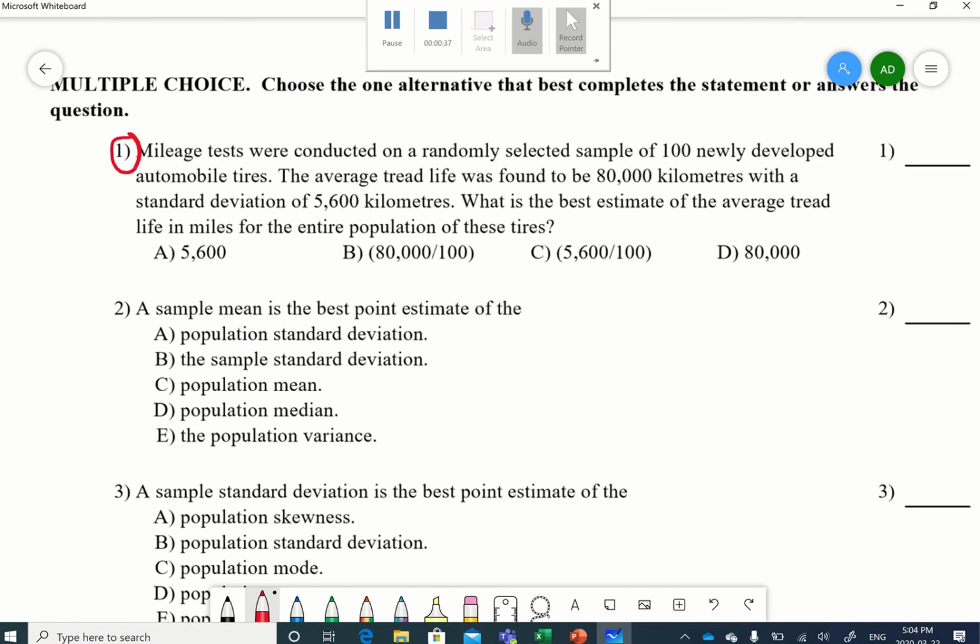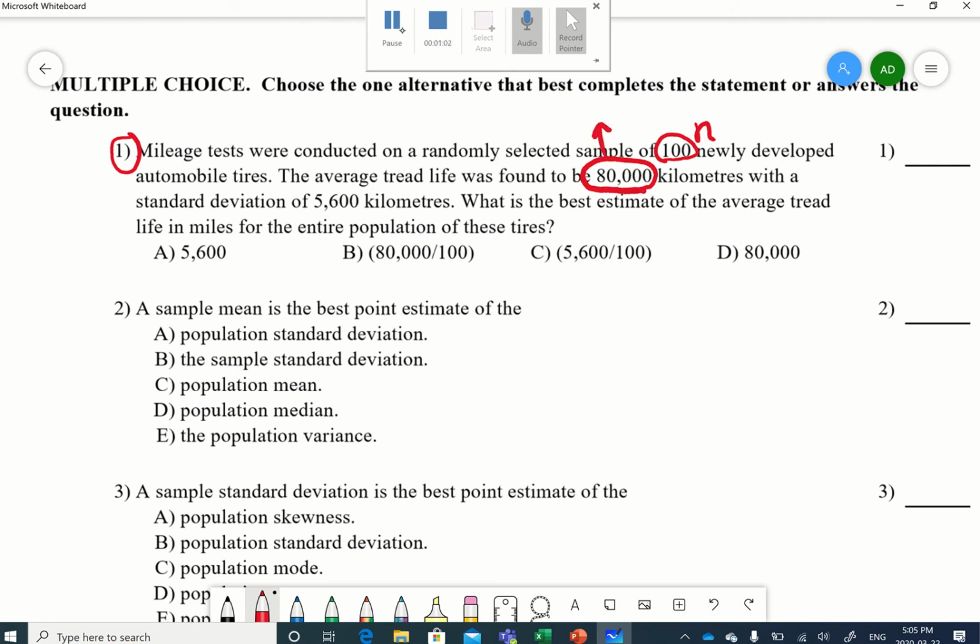Mileage tests were conducted on a randomly selected sample of 100. So that's your sample size. And newly developed automobile tires, the average tread life was found to be 80,000. So for those 100 tires tested, they found the average is 80,000.